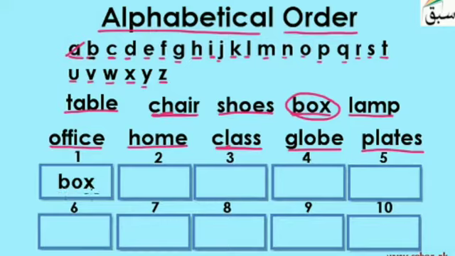So the word from B is written in the first box and let us cut letter B. After B, let us come to the next letter C and find words from the letter C. Now we will cut the word box.